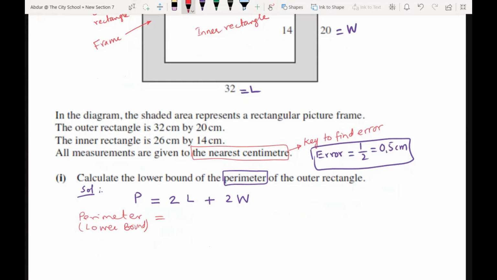Lower bound perimeter will be twice of lower bound length plus twice of lower bound width.